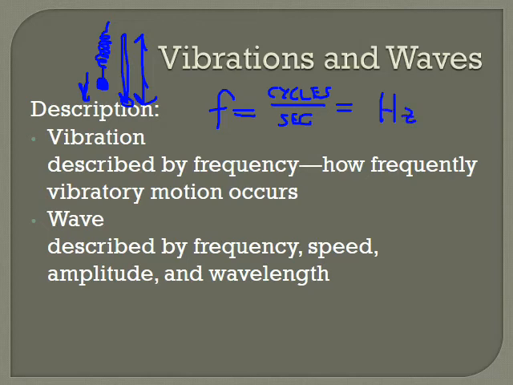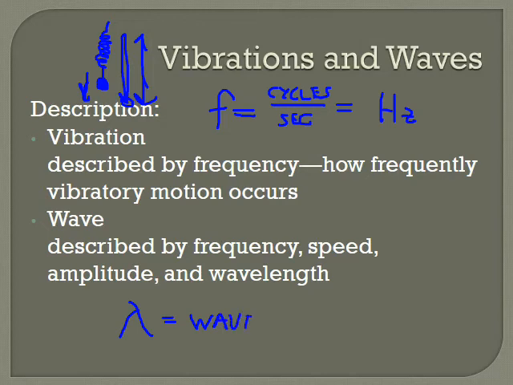Hz is the abbreviation there. So frequency is given in hertz. And one thing that I have not mentioned to you yet, or should have, is that wavelength, which we've already talked about in the last couple of slides, is given as a Greek letter called lambda, but again, that's equivalent to wavelength.